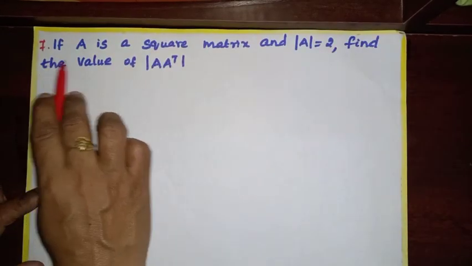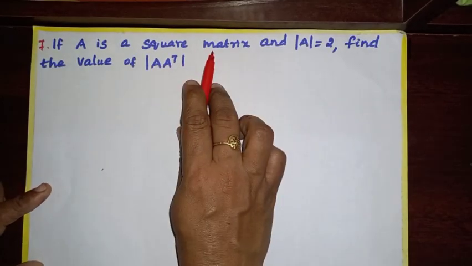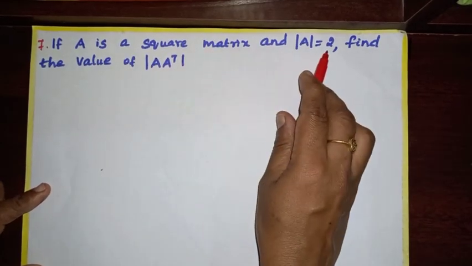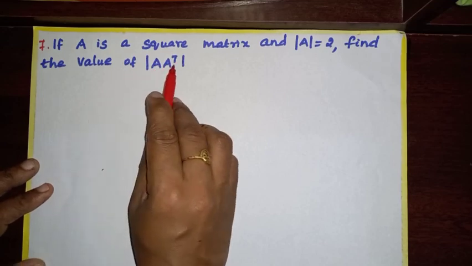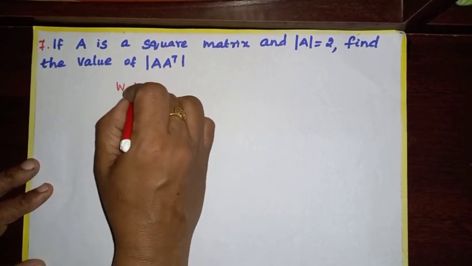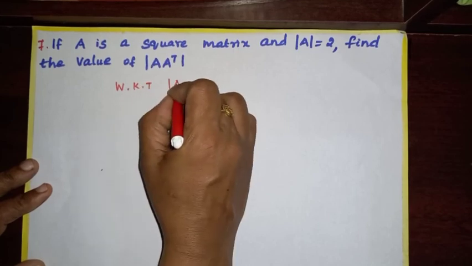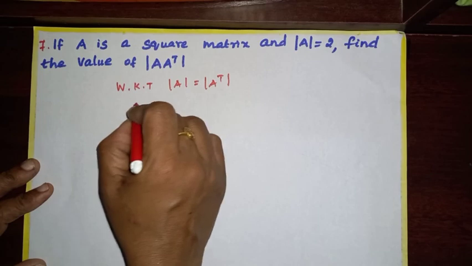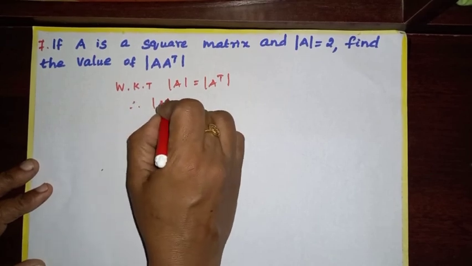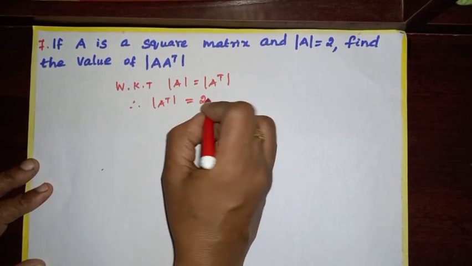Question number 7. If A is a square matrix and determinant of A equal to 2, find the value of determinant of A transpose. We know that determinant of A is equal to determinant of A transpose. Therefore, determinant of A transpose is also equal to 2.